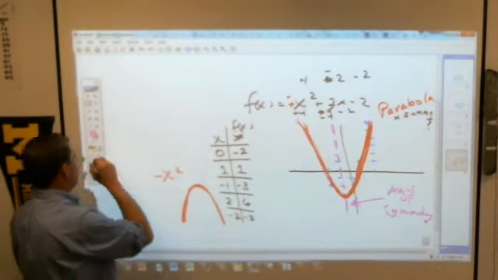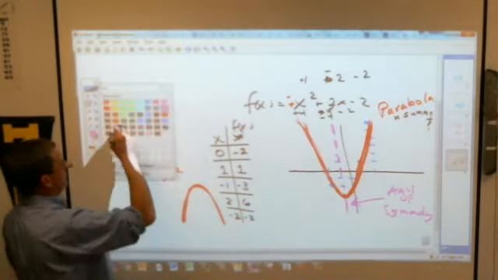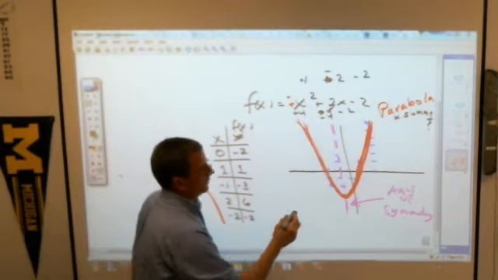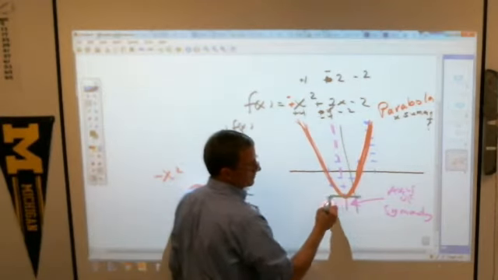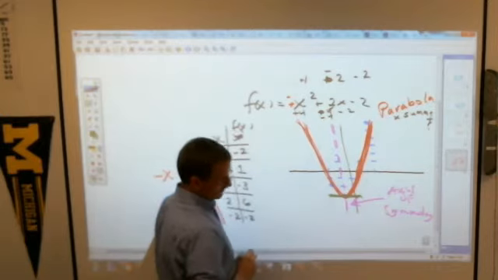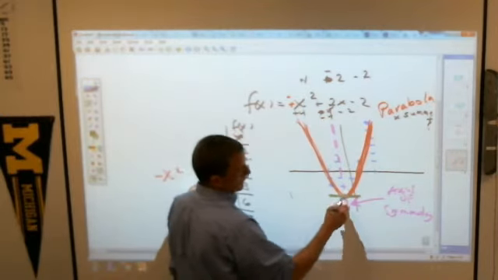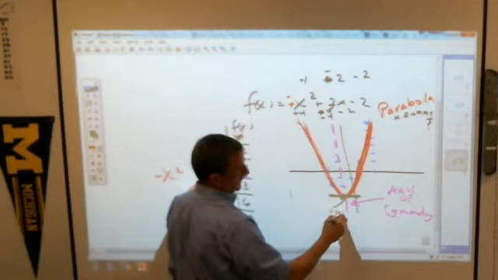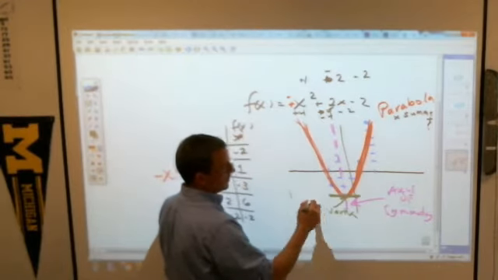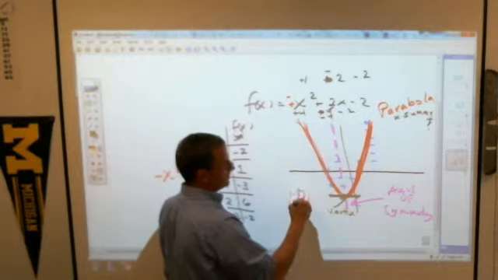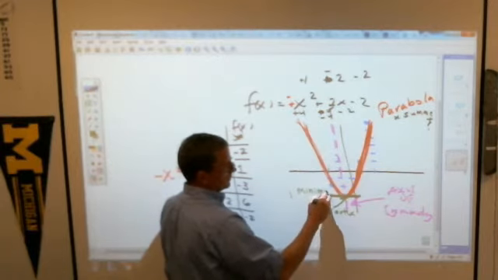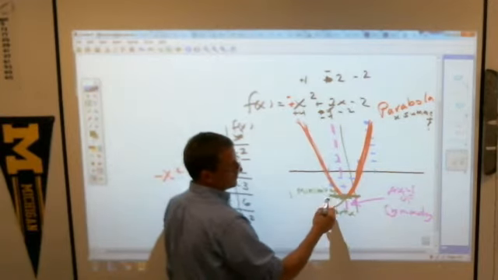And then you have this thing right here, where the thing bottoms out. Any idea what that's called? First of all, this is called the vertex. But this one is also the minimum, because that's as low as it goes right there.